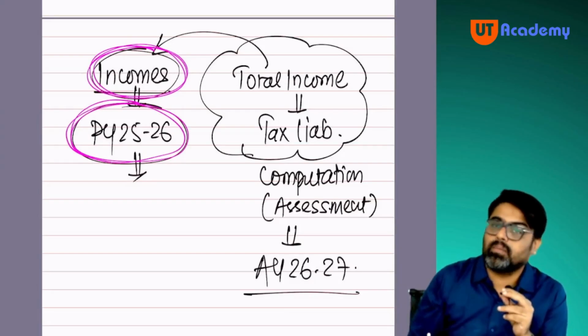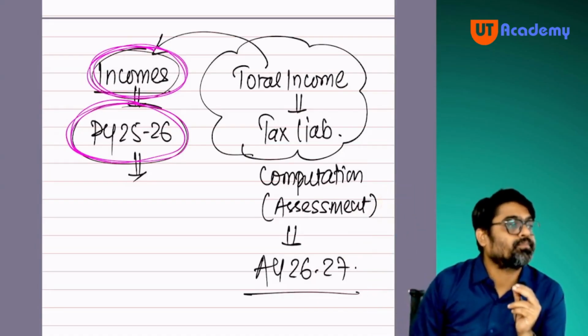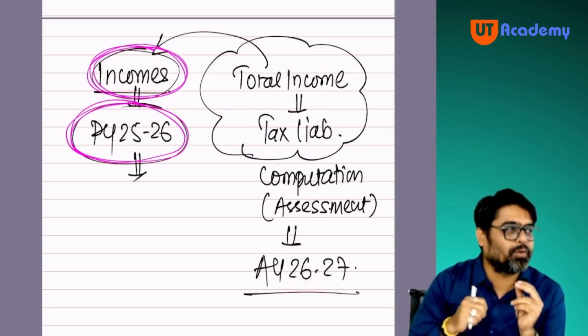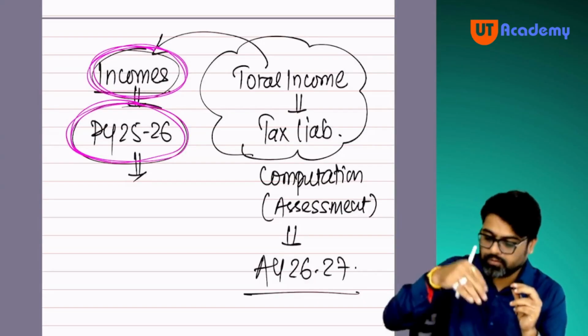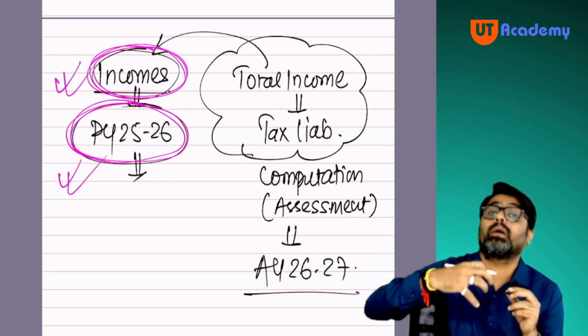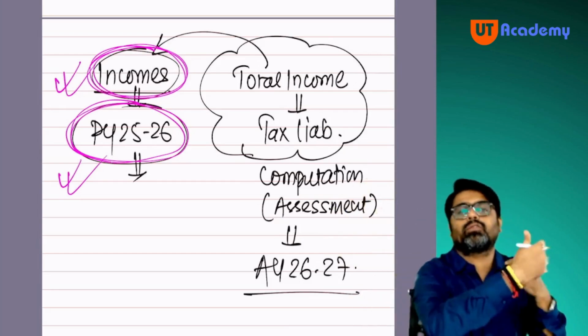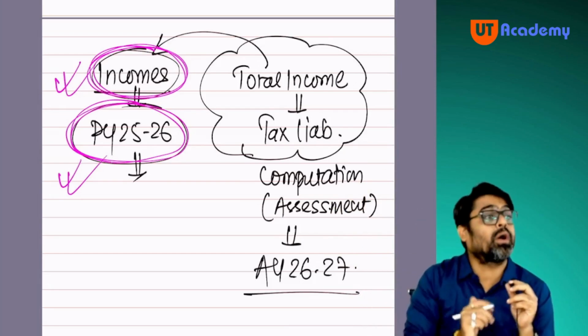Out of these taxable incomes, which incomes will go in the computation of my total income? It depends on two things. Do you remember? Out of these taxable incomes of 25-26, which incomes should I consider to calculate my total income, and which incomes should I forget? It depends on two things.